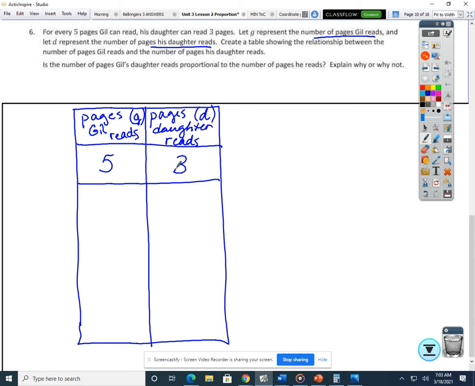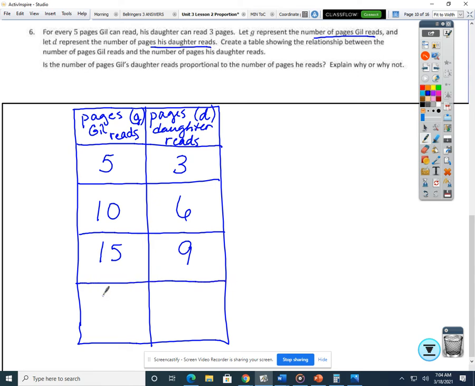So let's continue with this. If he reads 10 pages, 10 is 2 times our 5, so we'll multiply the same thing by our 3. 3 times 2 is 6, so she must read 6 pages. If he reads 15, that's multiplying our 5 times 3 to get our 15, so therefore her number of pages times 3 would give us 9.